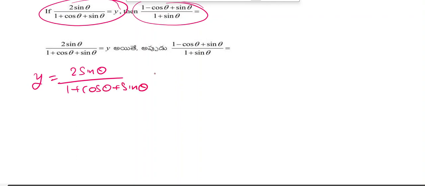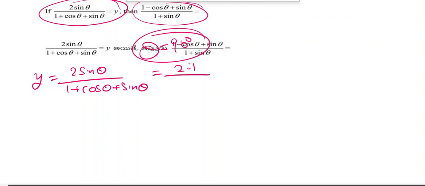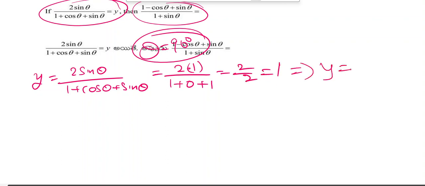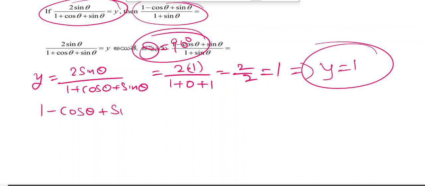Now substituting theta is equal to 90 degrees in this equation, that is 2 into sin 90, which is 1, by 1 plus cos 90, which is 0, plus sin 90, which is 1. That is 2 by 2 is equal to 1. The y value is equal to 1. Now we find the value of 1 minus cos theta plus sin theta by 1 plus sin theta.